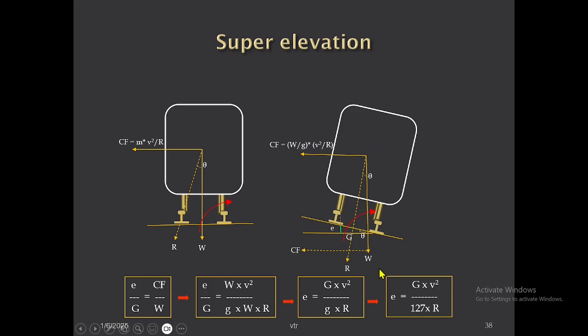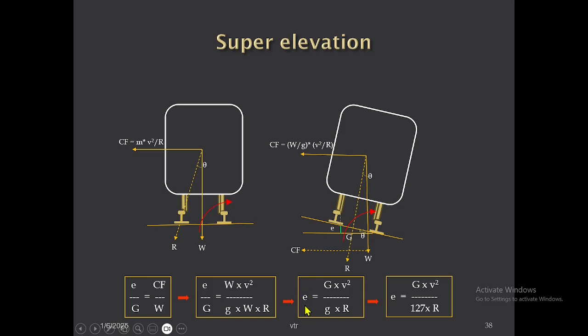This by this equals this by this. You getting it? While further substituting centrifugal force equal to W V squared by g R, divided by W, we will get that.